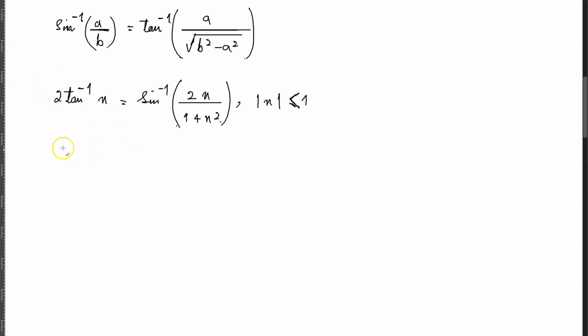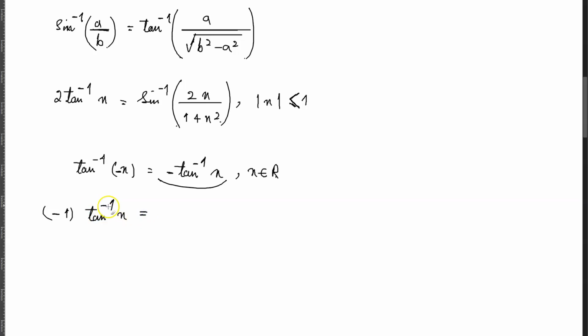For example, I know that the tan inverse of negative x is equal to negative tan inverse of x for all x belonging to R. Meaning that if I had negative 1 times tan inverse of x, I could take this inside and put it together with the ratio, and write the ratio as negative 1 times x, which is ultimately negative x.